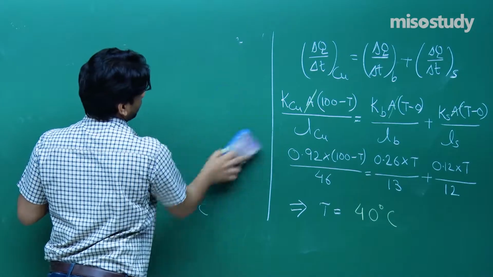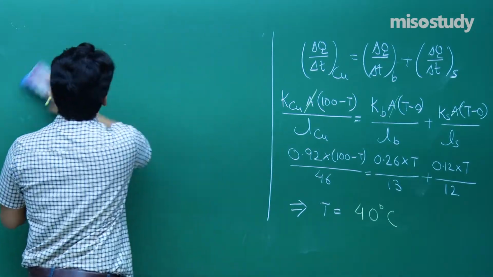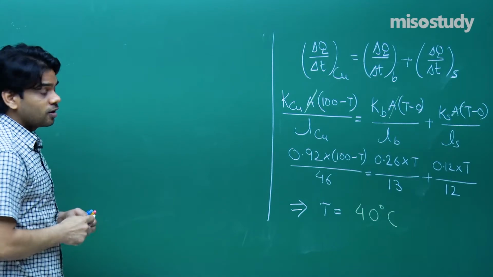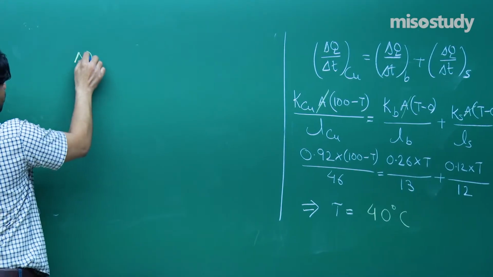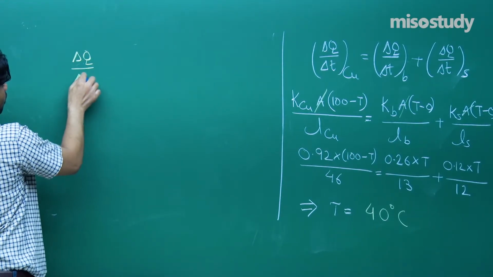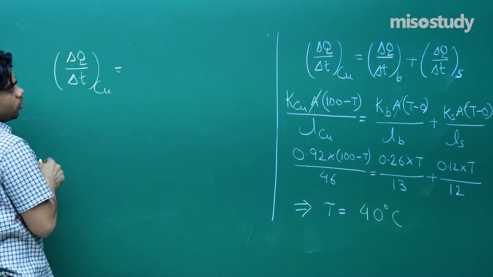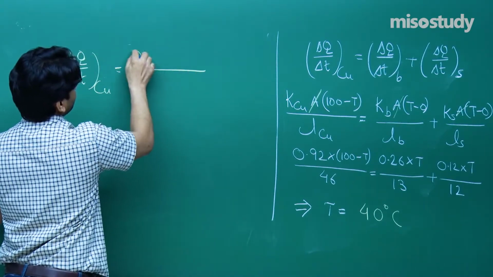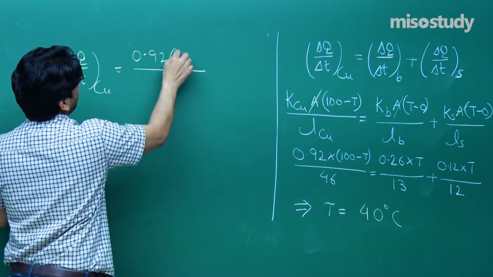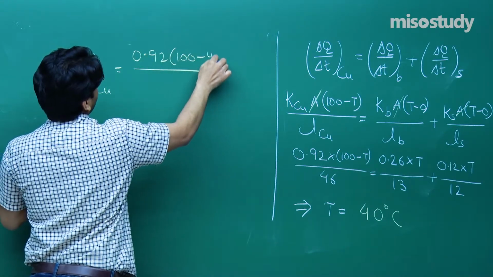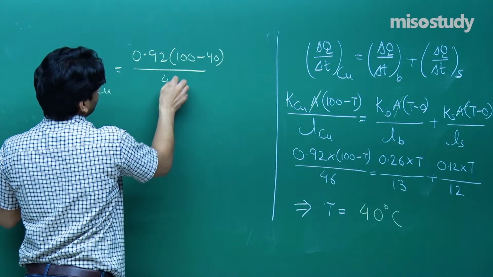Now that you have obtained the temperature, clearly you can obtain the rate of heat flow through copper. It will turn out to be 0.92 into 100 minus T divided by 46, that is 0.92 into 100 minus 40 divided by 46.